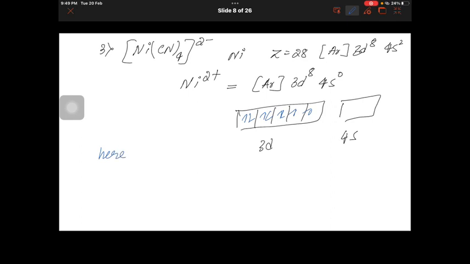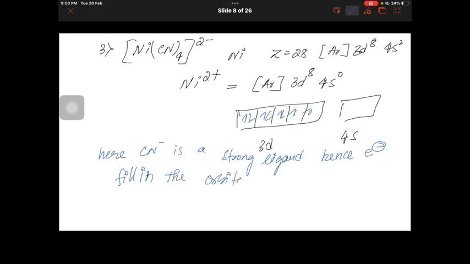Here CN minus is a strong ligand, hence electrons fill in the orbitals against Hund's rule.